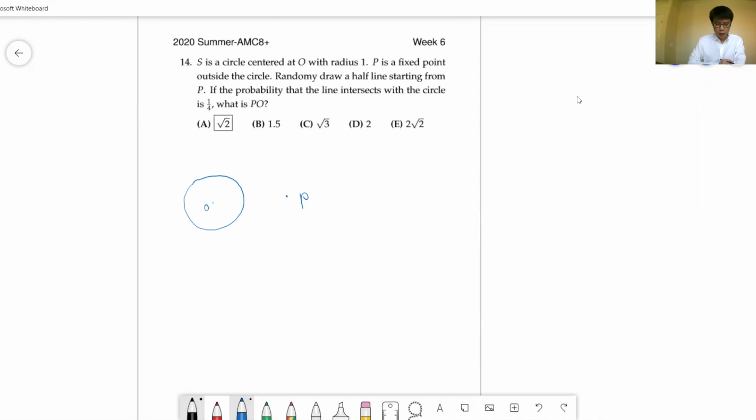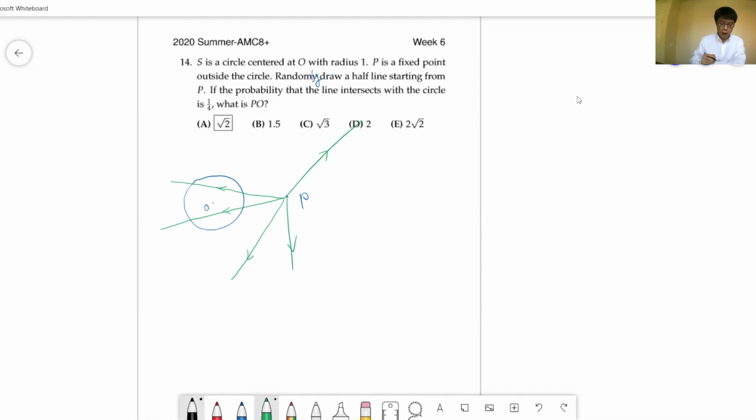Now we randomly draw a half line starting from P. There are a lot of ways to draw this half line. And for some lines, it intersects this circle. The probability that the line intersects the circle is 1/4. What's the distance from P to O?